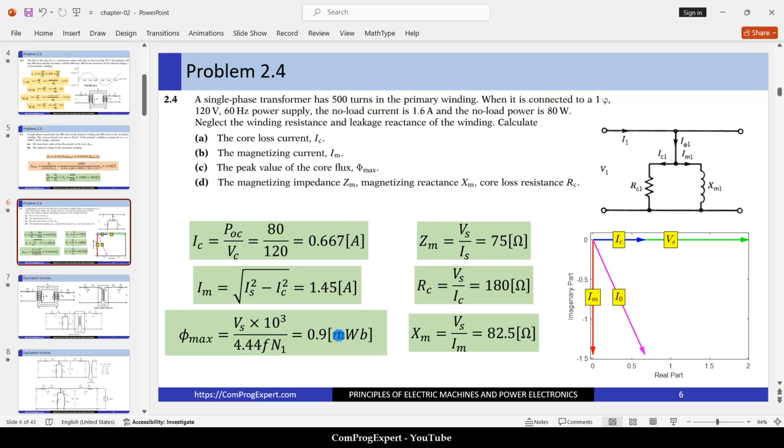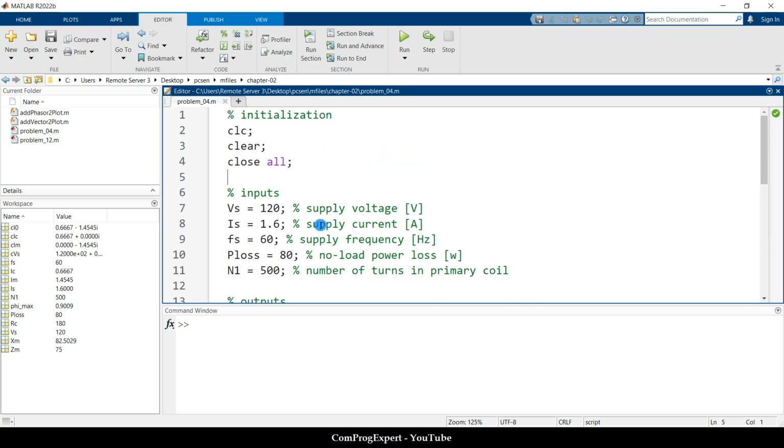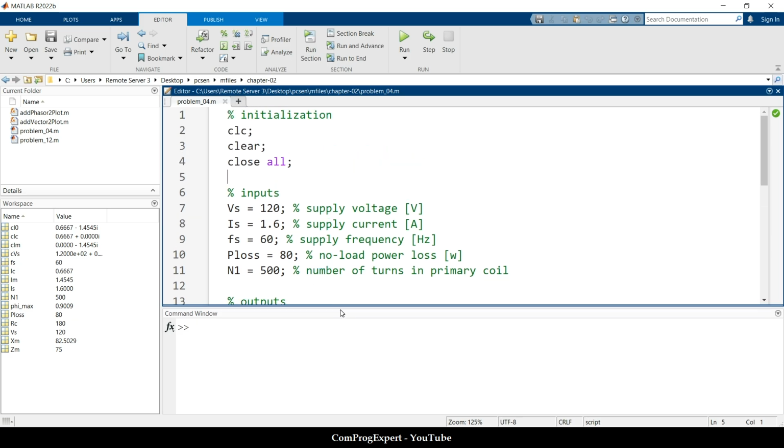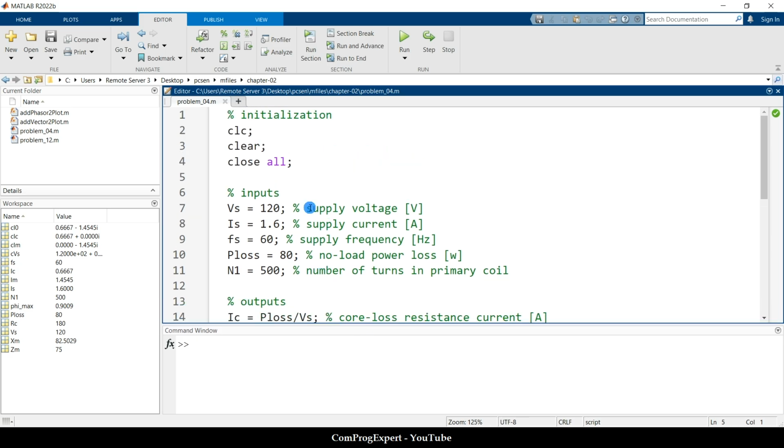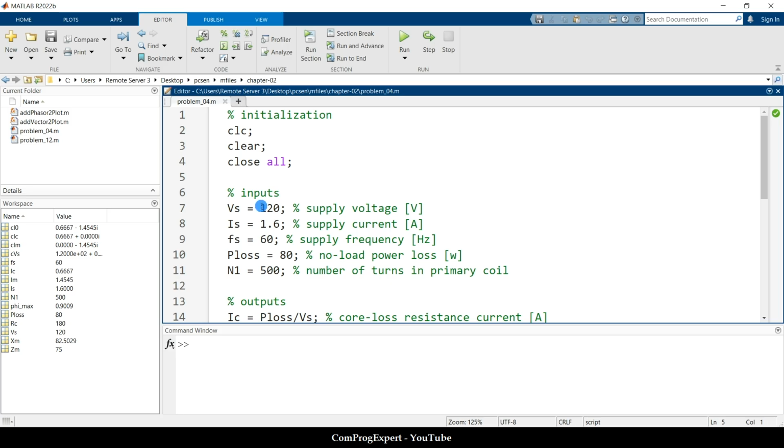We can use complex numbers and do the calculations in MATLAB. So here is the M file that I wrote for this problem. This is the supply voltage, 120.